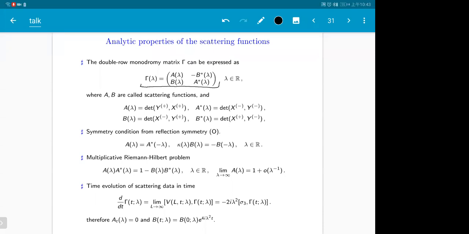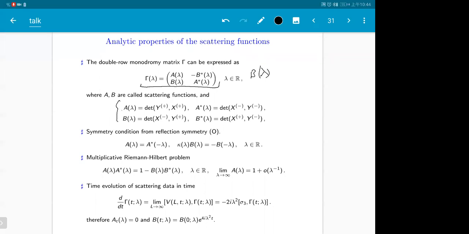This entry is A, B, usually called the scattering system. Your function B here now plays the role of reflection coefficients in the inverse scattering case, and your A, B can be computed using the column vectors.